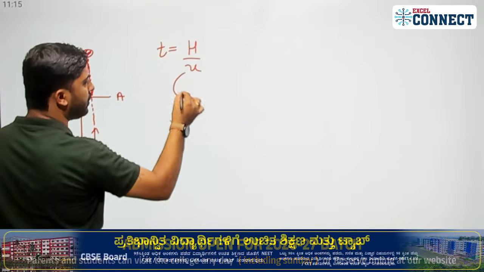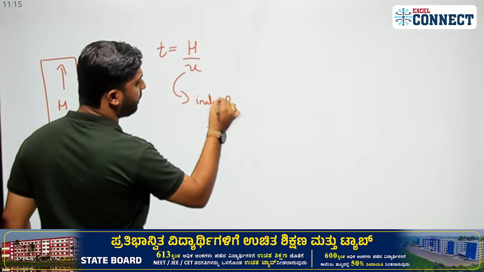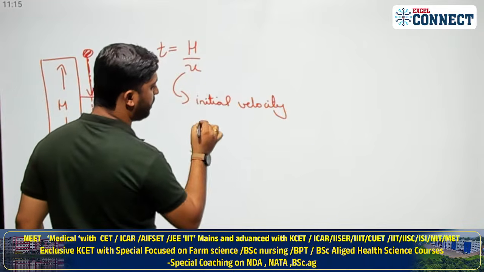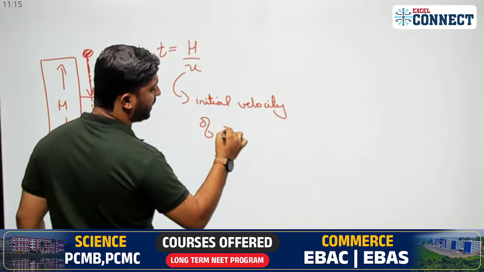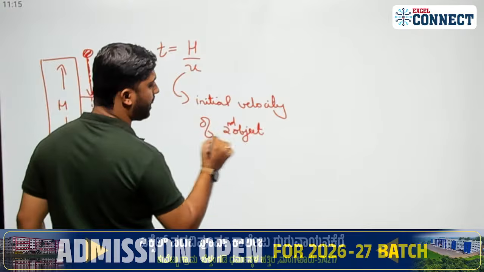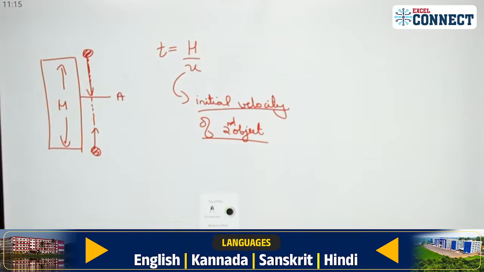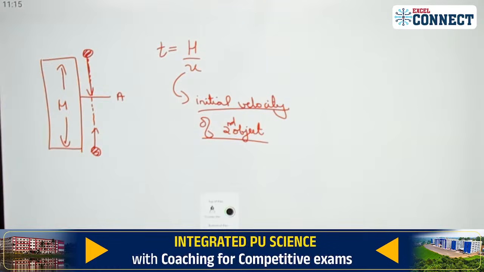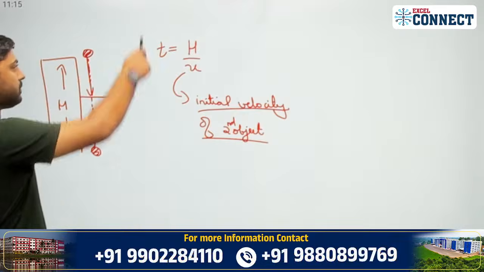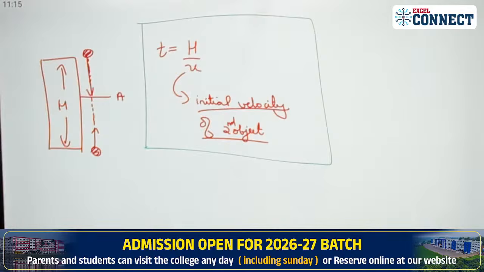What is u here? u is the initial velocity of the second object. You have to remember this.